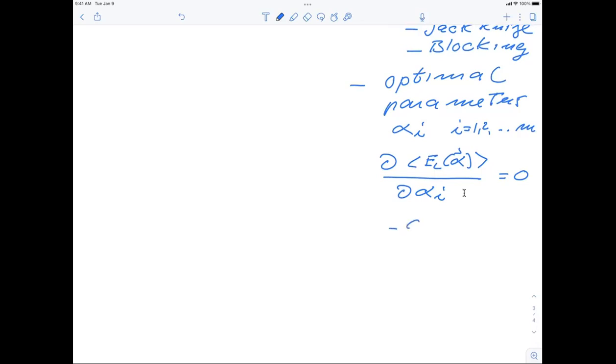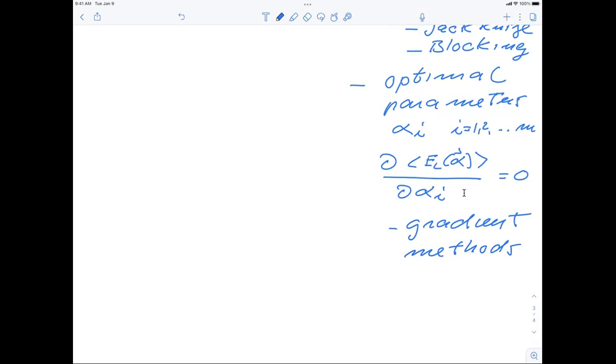And this leads normally to gradient methods and optimization problems. The kind of gradient methods we are going to look at are things like the Newton-Raphson method, standard gradient descent, and something which is called stochastic gradient descent.